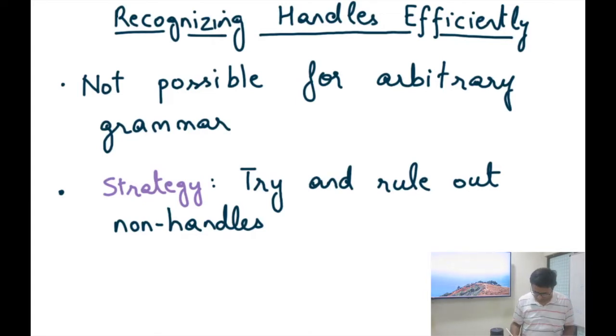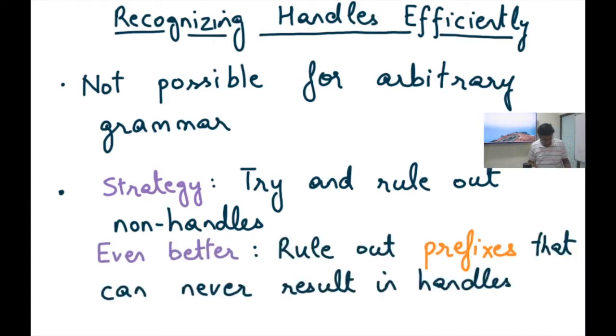All right. So even better, algorithms try to rule out prefixes that can never result in handles. So recall that in a shift reduce parser, we are always moving the cursor one step at a time, and sometimes we are reducing. And everything that is on the left of the cursor is called the stack. Now, as we are moving the cursor, we are basically building a prefix of potential handles, because at some point we are going to reduce based on what the prefix is.